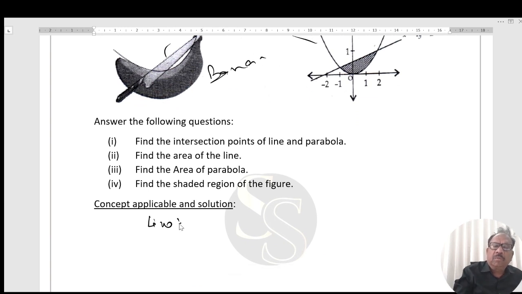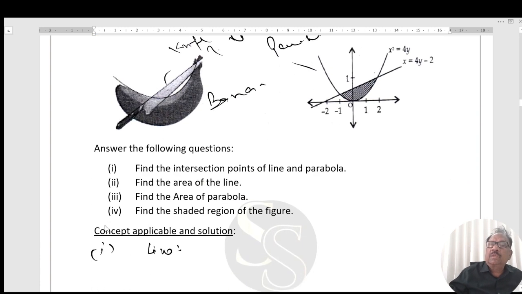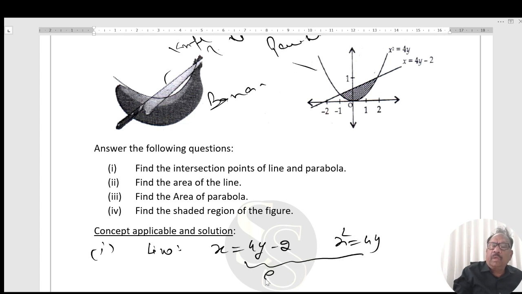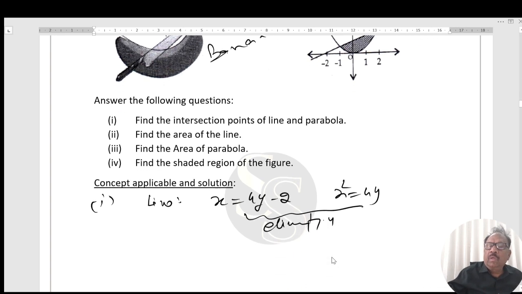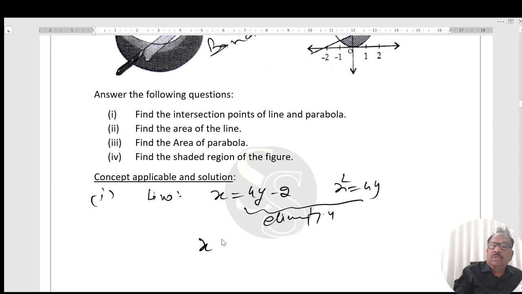Line is the first part. Line is x equal to 4y minus 2 and parabola is x square equal to 4y. Eliminating y, this comes out to be x equal to x square minus 2.